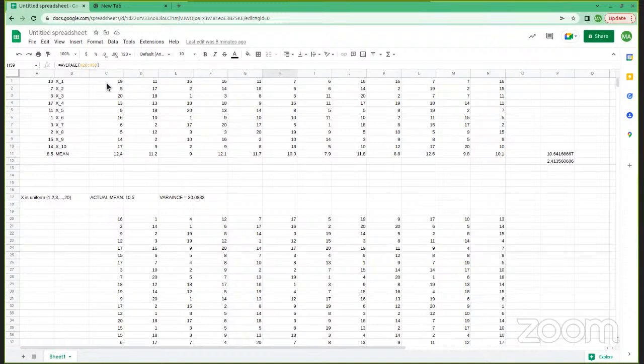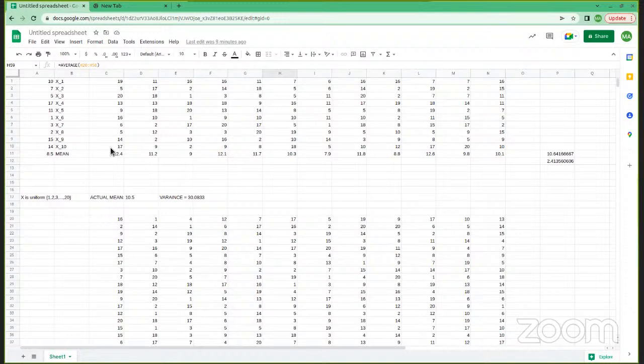This is not the sum of 10 random variables, right? You are talking about the variance of x1 plus x2 plus x3 and so on up to x10, but that is not what we are actually talking about. We are talking about the sample variance. I randomly took 10 samples out of this x uniform 1 to 20, and once I have the 10 samples, how far are all the 10 points distributed?